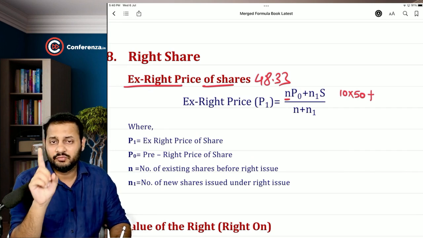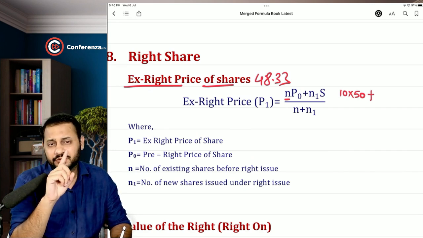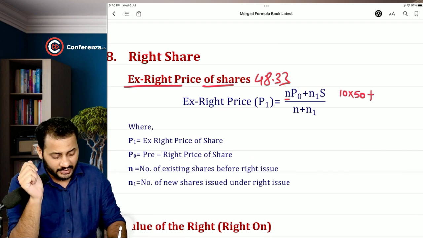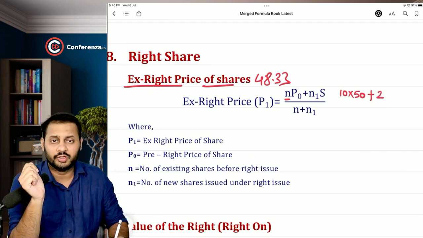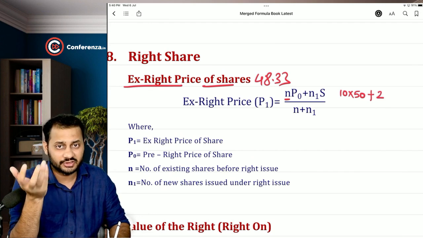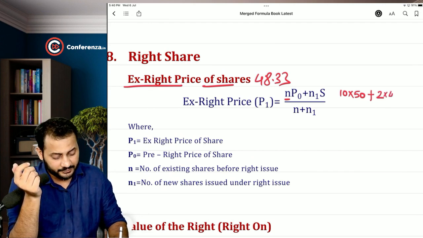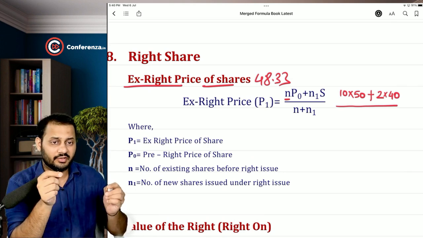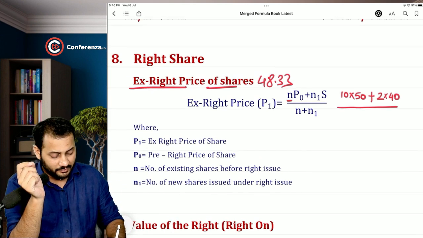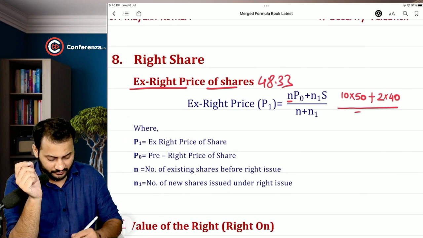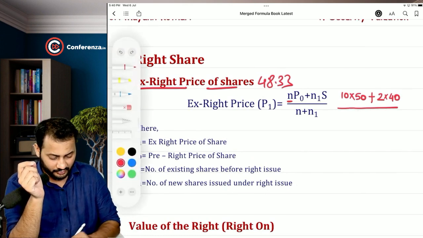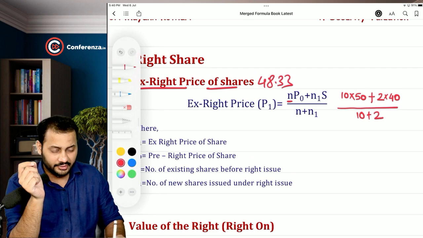So in 10 crore we were giving the ratio of 1:5. That gives us N1 as 2 crore. That means 2 crore additional shares we are issuing, multiplied by the subscription price which was 40 rupees. So this is nothing but 500 plus 80 divided by N, the number of share that was there before right issue, 10. In right issue, 2.